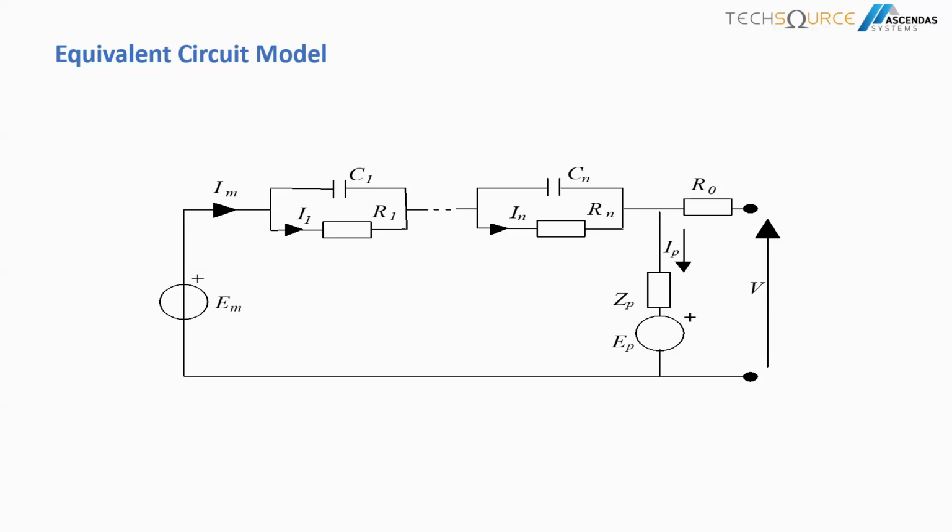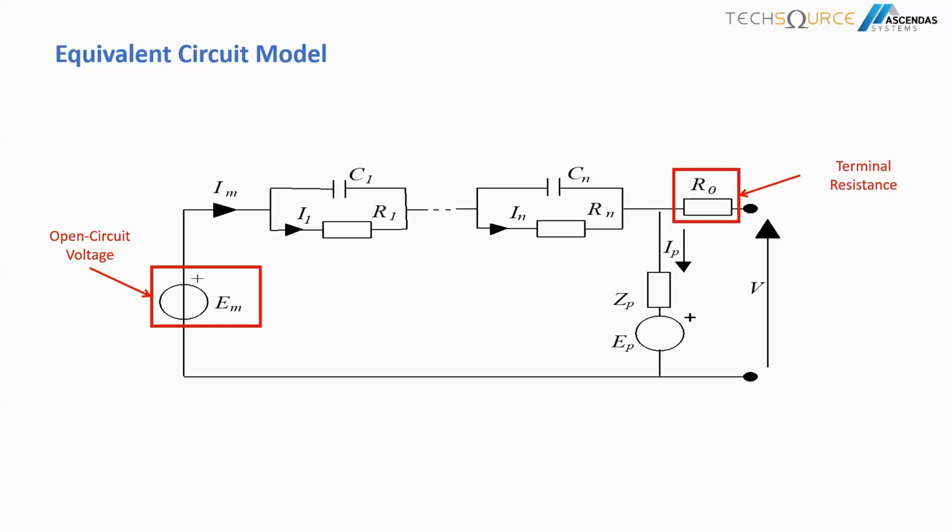So this is just an example of an equivalent circuit that we have for a battery. This is just a simple one, an equivalent circuit common to existing literature right now. We have a voltage source, which accounts for the open circuit voltage of the battery. Then we have the resistor, a terminal resistance.